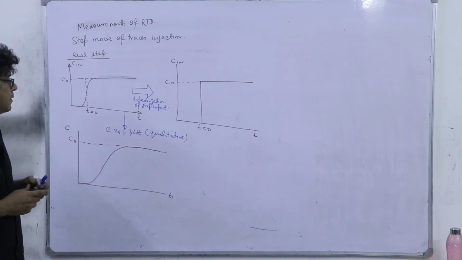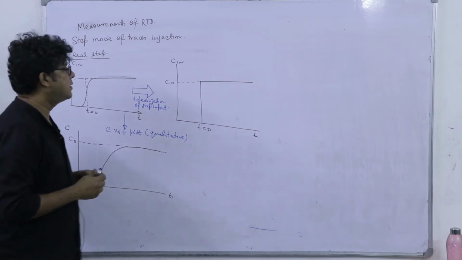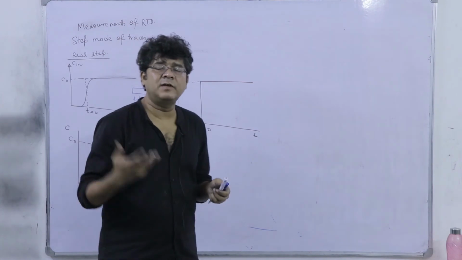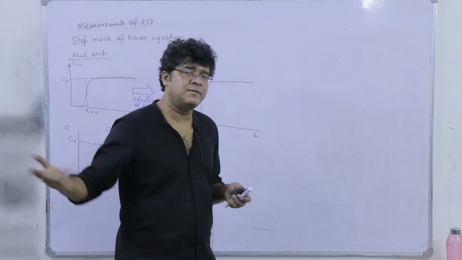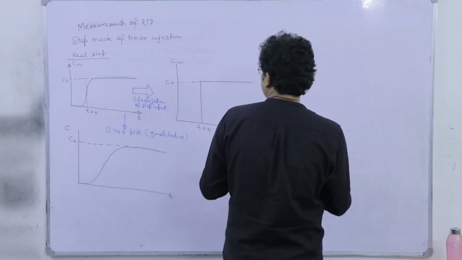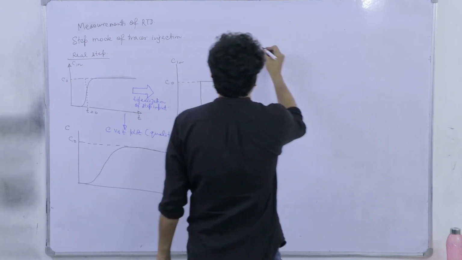Okay. So, we have to think about what the sequence will be. Just like in pulse we initially got the C curve, then the E curve, then the F curve. It was pretty simple and easy, right. But in step input the sequence changes.